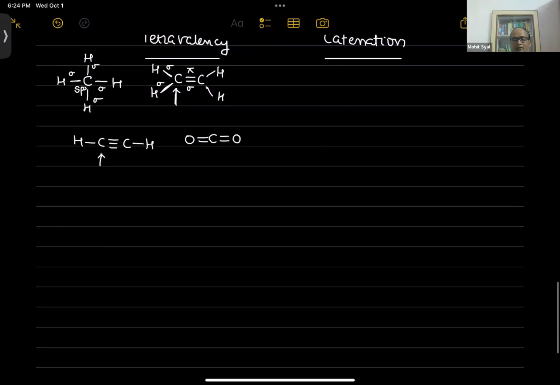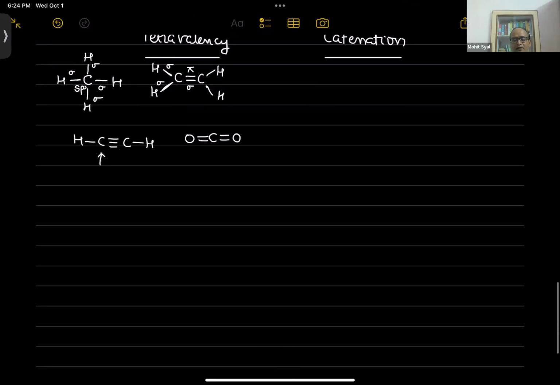I will do it once again. Carbon in the ground state doesn't have four unpaired electrons. Carbon in the ground state: 2s, 2p.